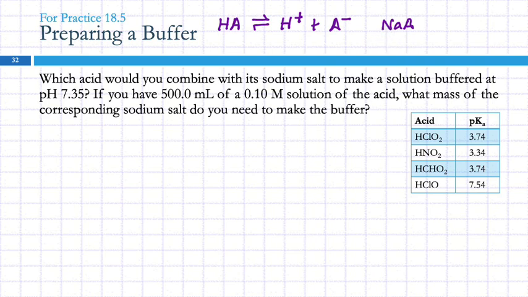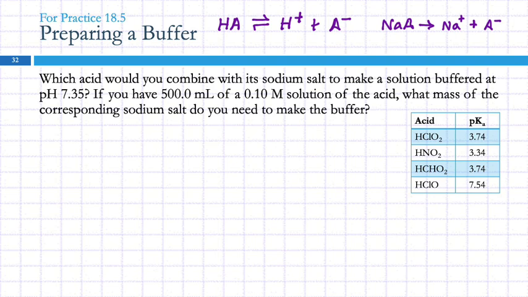Because when you dissolve that ionic compound in water, it dissociates completely and forms sodium ions and that weak base that we want. Do we care about the sodium ions in there? No, they're not going to do anything. They're just going to float around and keep the solution neutral.